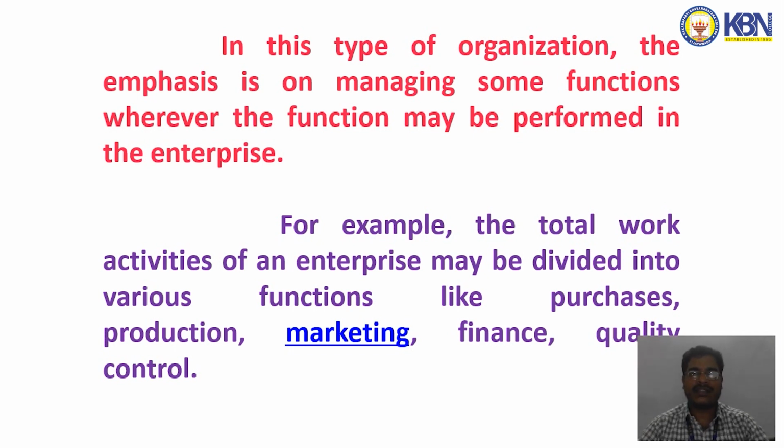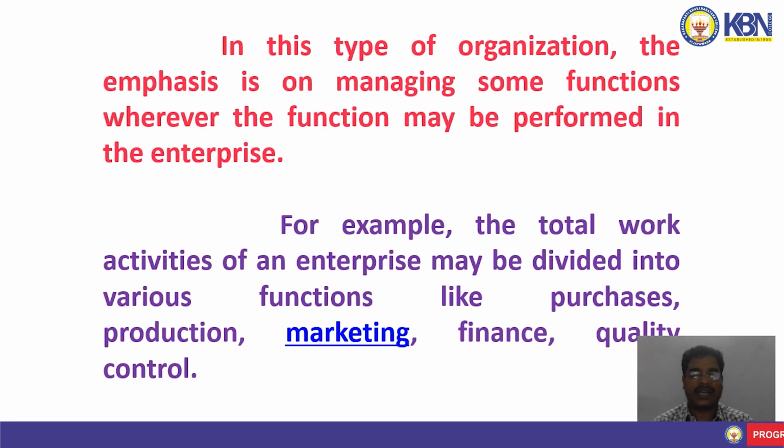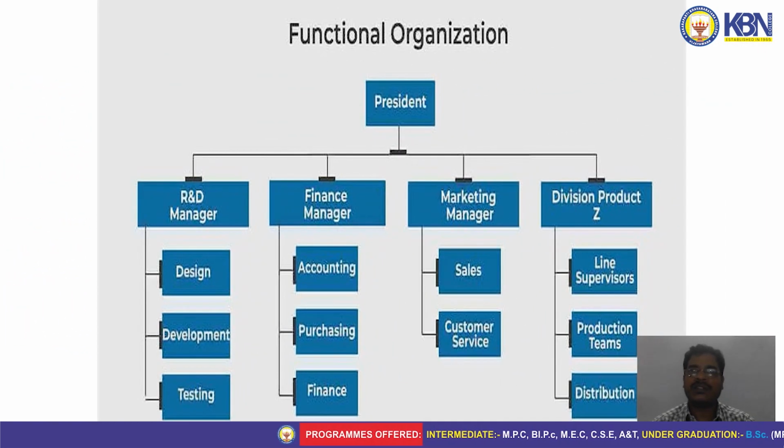If we can segregate the total activities of an enterprise into these kinds of departments, that can be treated as a functional organization. As the name itself clearly mentions, it is an organization which emphasizes only the various functions being performed by individuals. So this is the formal organizational structure that we have.